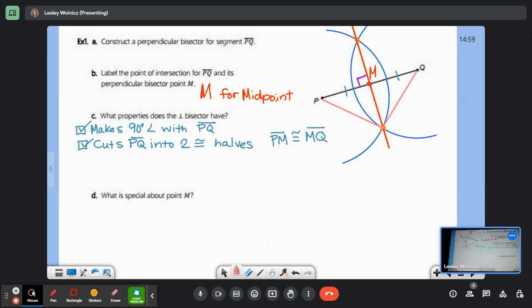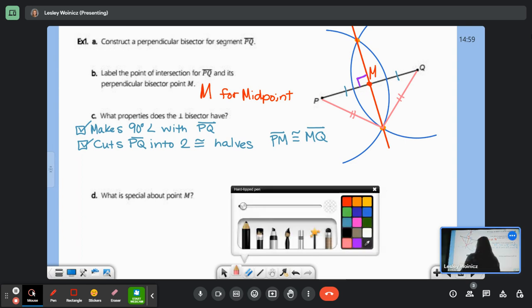Okay. So because we had our compass set at the same setting when we did both of these arcs, both of our arcs had the same radius. Do you guys see that this distance right here is the radius of this circle that we didn't complete, right? So this radius is the same as that radius. Everybody see that? Okay.